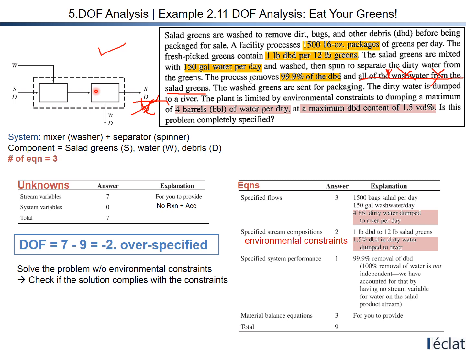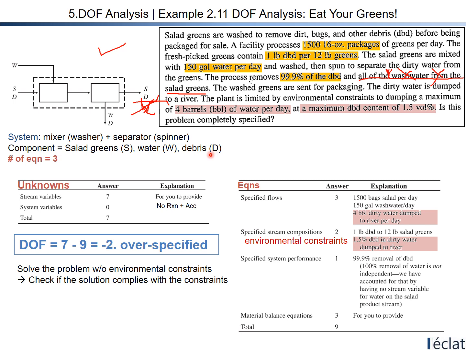And then let me take the system, including mixer and separator. So this is the system. You don't need to think about the stream between the washer and spinner. What is the number of material balance equations? That is 3, because we have 3 different components for material balance equation.